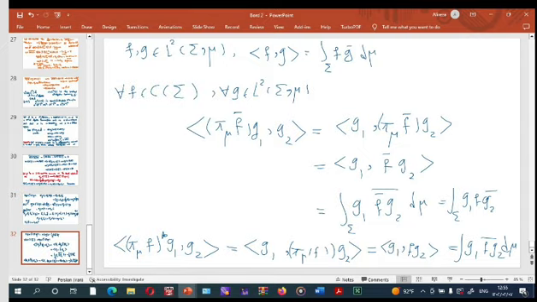Okay. And so in this also we have this integral on sigma g1.